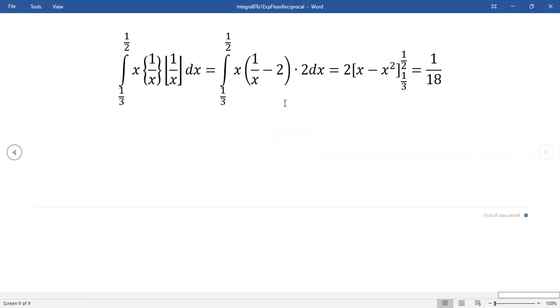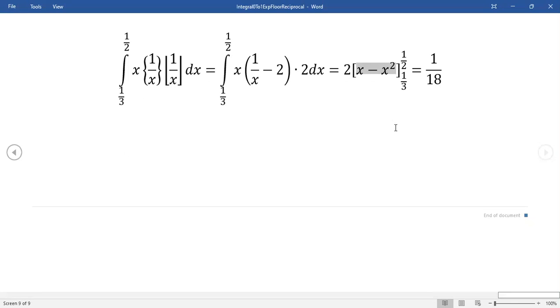Now that gives us something that's very, very straightforward to integrate. The integrand is x times 1 over x minus 2, which is 1 minus 2x. Its antiderivative is this part right here in the brackets, and the 2 just comes outside. That's a property of integrals.